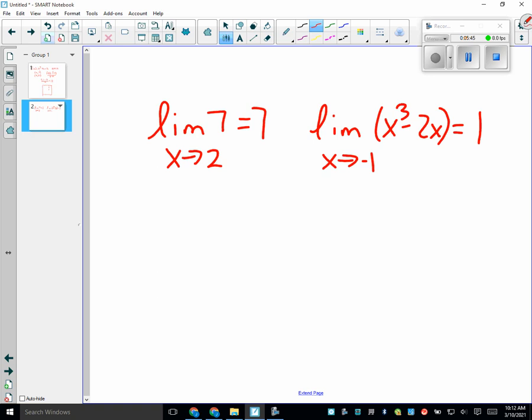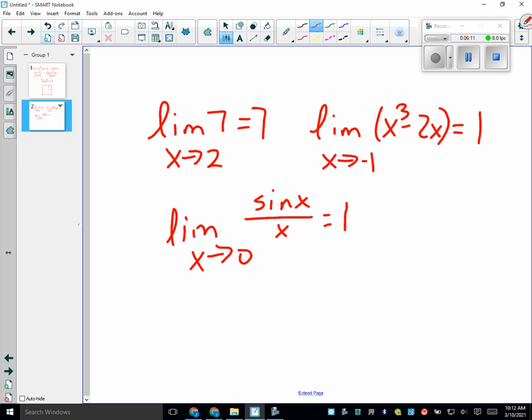Now, this one I'm just going to ask if you remember. Do you remember this? The limit as x approaches 0 of sine of x over x equals what? 1.